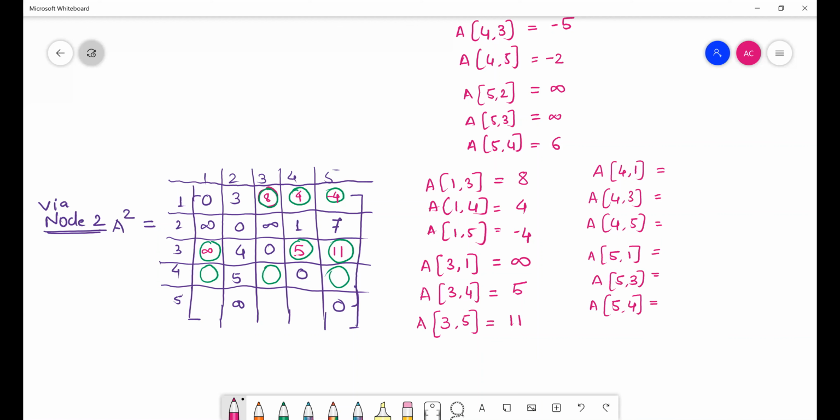No response. So 4 to 1 is 2. 4 to 3 is -5 and 4 to 5 is -2. So yes, it is correct: 2, -5, -2.